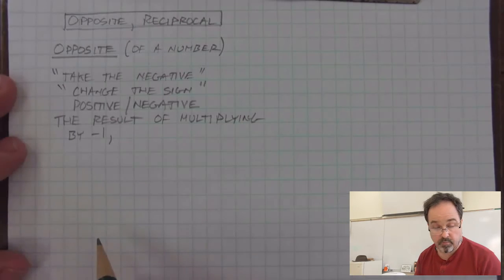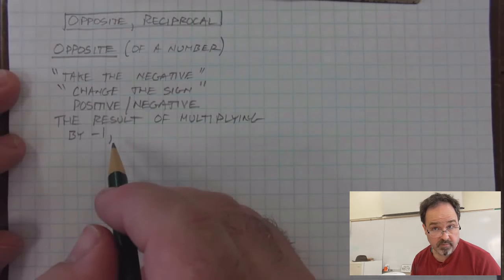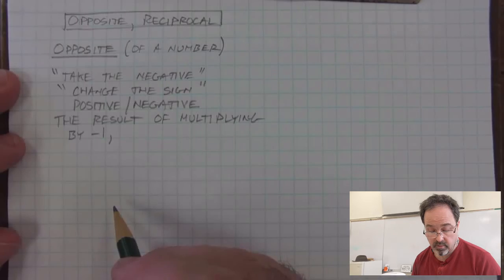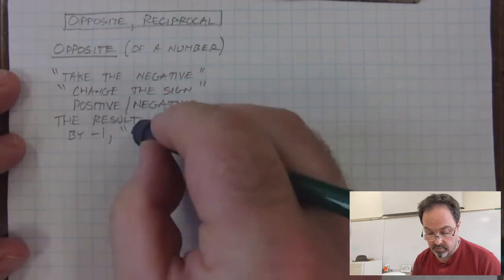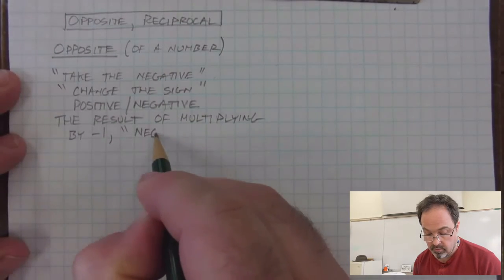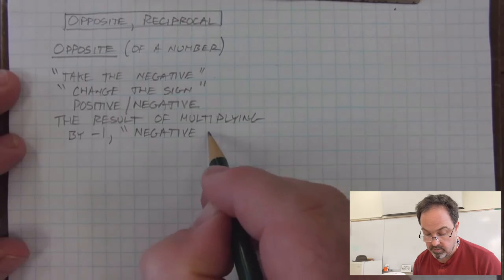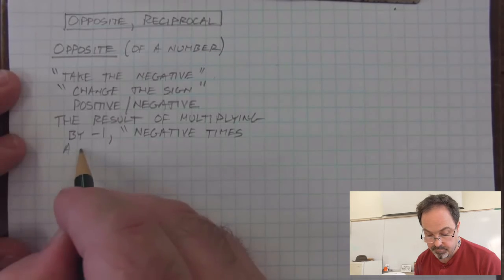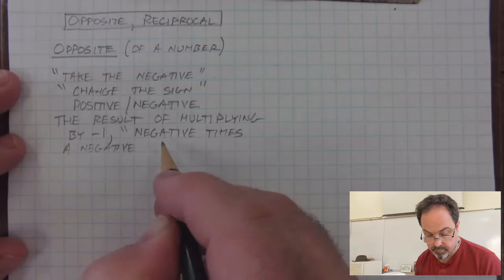And we also have to remember that if our number was negative already, the result of multiplying by -1 would mean that we need to think or remind ourselves that a negative times a negative is a positive.